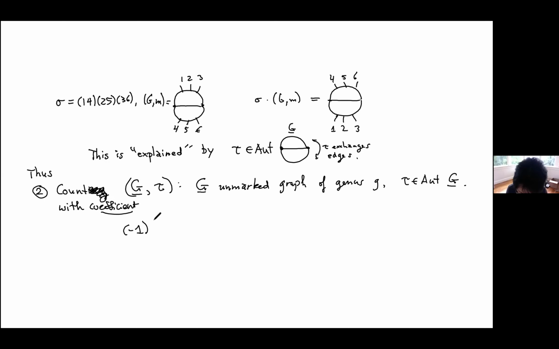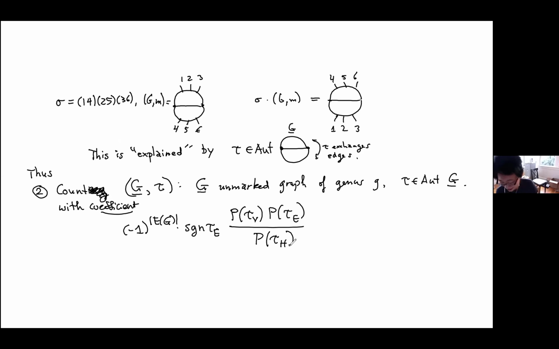I'm not going to justify the signs at all. But I claim that the coefficient is the following. And this is massive. It's not terrible, but it's combinatorially a lot. So let me explain what this expression means. And then if I can give you a flash of insight as to why this is reasonable, I'll be very happy.